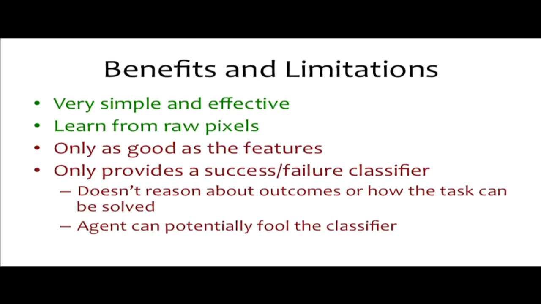It just provides the classification of whether or not the door is open. Without reasoning about outcomes, it can be harder to figure out how to solve the task. And also the agent can potentially fool the classifier by doing something that will get it to say the door is open without the door actually being open.